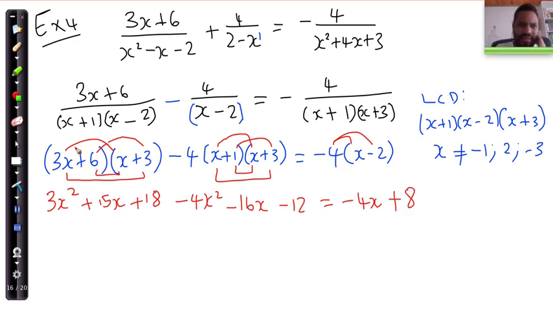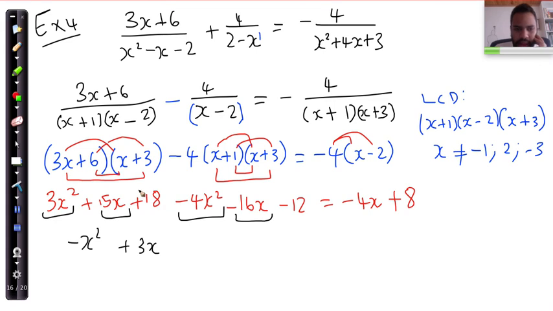At this point it's a simple case of adding up like terms. 3x squared with negative 4x squared is negative x squared. 15x minus 16x is negative x, and that gives me positive 3x.